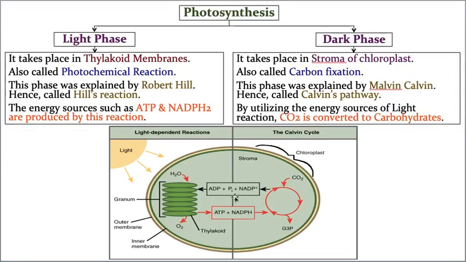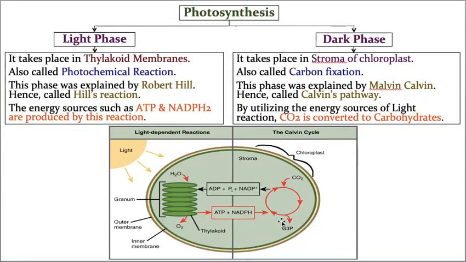That's why ATP is converted into ADP, and NADPH2 is converted into NADP, and again they go back to the light reaction and are converted into ATP and NADPH2. That means they lose their energy here, because they give all their energy so that carbon dioxide is converted into food material. After losing energy, they go back to the light reaction and become energized again.